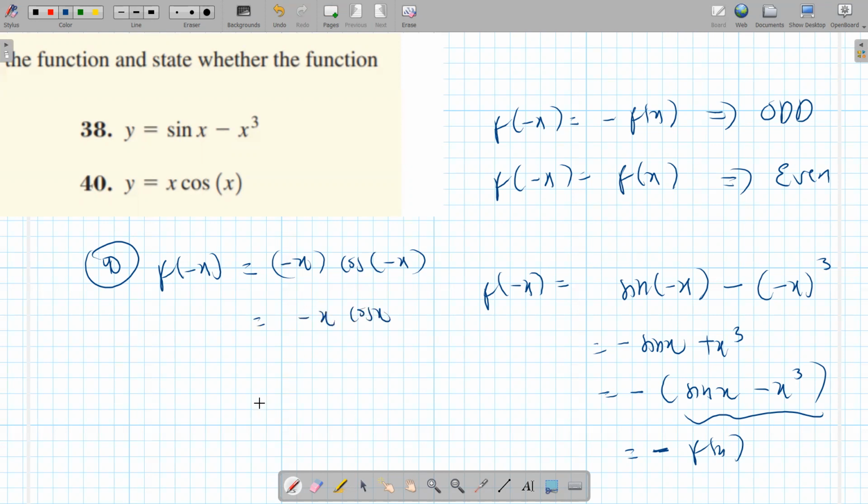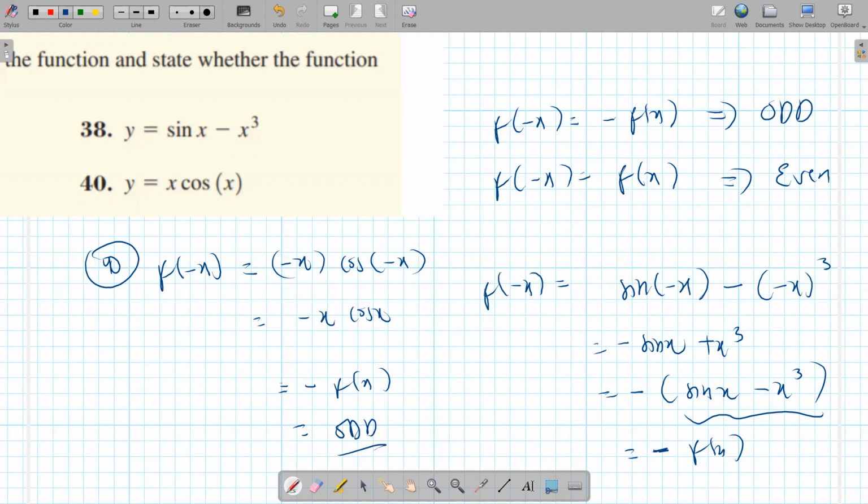So this is basically negative f of x. f of x was x cos x, and now we got negative x cos x. So this is also odd. It's just negative 1 times the equation.